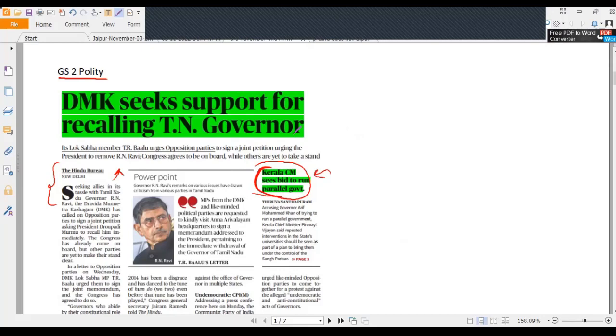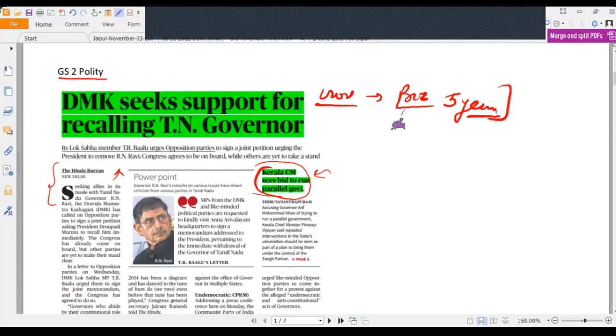So let us understand some of the facts about governor. Governor is appointed by president for a period of 5 years, subject to pleasure of president. Means president can remove governor in between as well.